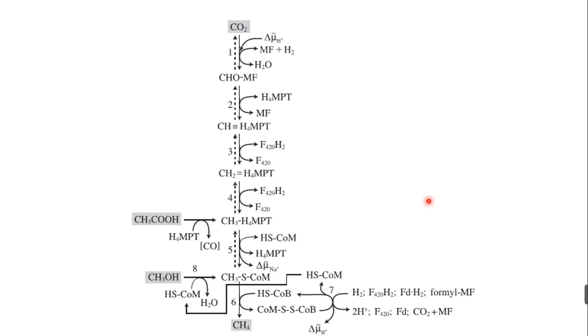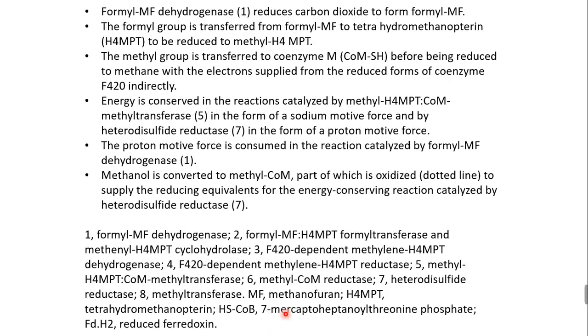Next, coming to methane, that is the formation of methane by methanogenic bacteria, where carbon dioxide is utilized and further metabolized into methane. So we can go with a simpler chart.